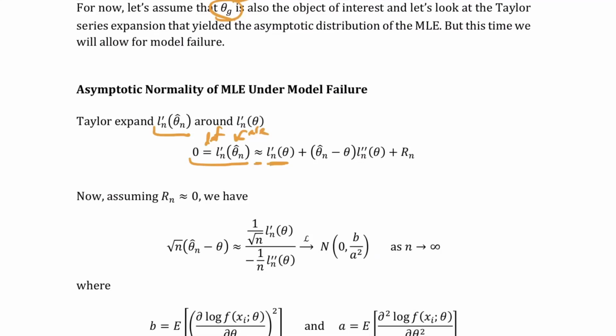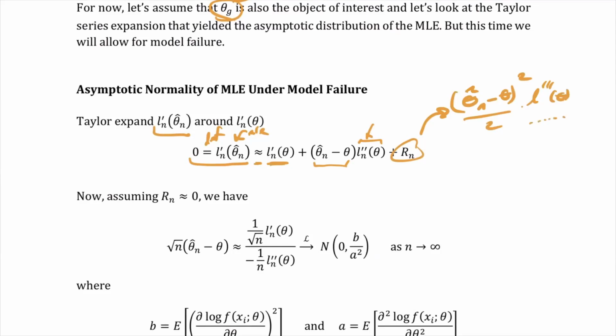And then by Taylor expansion, I take the derivative of the score function, which is this guy. So I have two derivatives, and then I look to see how far I am from the truth. And then I have some remainder. And of course, that remainder would follow similar patterns, so it might be that squared over 2 times L triple prime over there, etc.